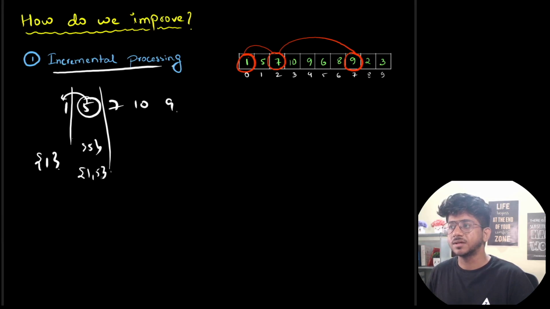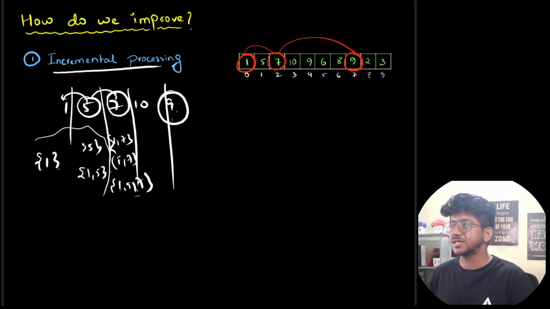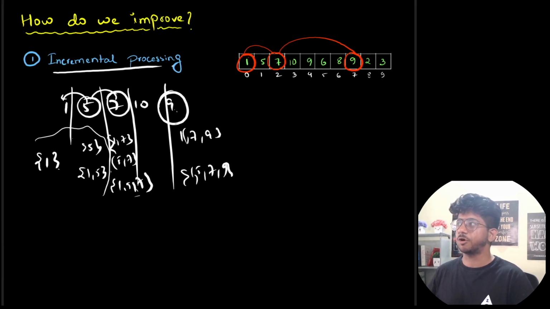Then for 7, you extend something that was already created in this collection. You can add 1, 7, you can add 5, 7, you can add 1, 5, 7. These are all possible increasing subsequences that are there. At this part, you can see that for 9, you can extend anything over here, 1, 7, 9 or 1, 5, 7, 9. These are different subsequences that are currently getting formed.